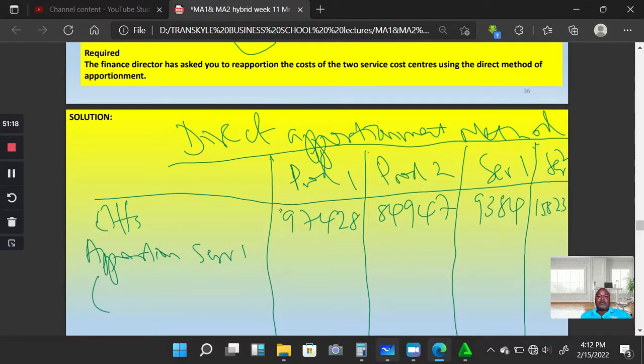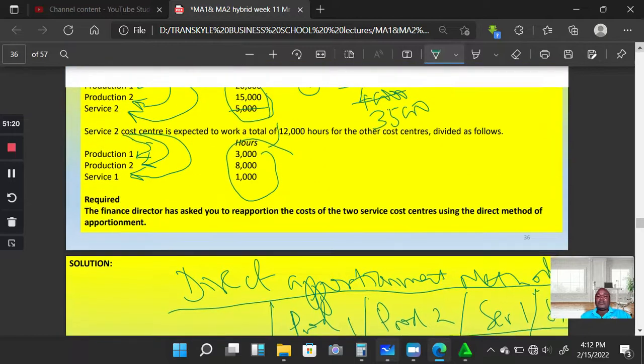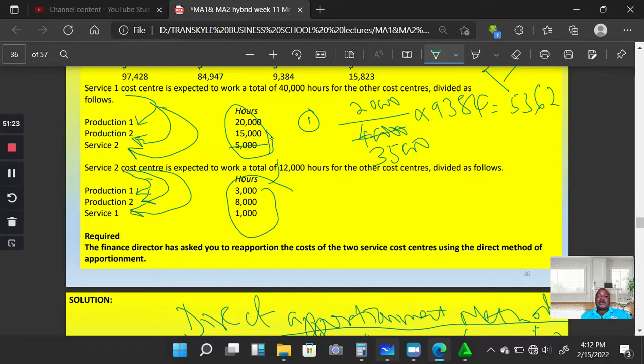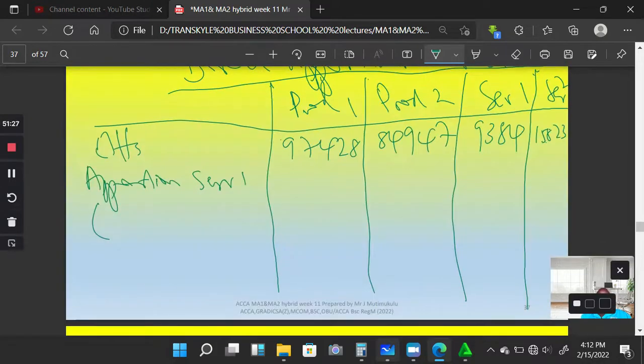So here, for the purpose of apportionment, we're going to use 20 and 15. Okay, 20, 15, this gives us 35 if you add them.